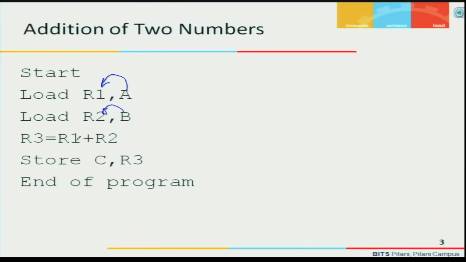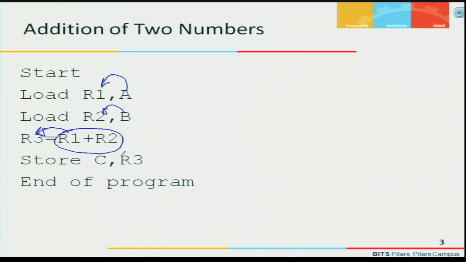Now, the contents of R1 and R2 are to be added by the arithmetic and logical unit that is responsible for doing all the arithmetic and logical operations. So, this is an arithmetic operation, adding the contents of R1 and R2 and putting the result into a new register called R3.